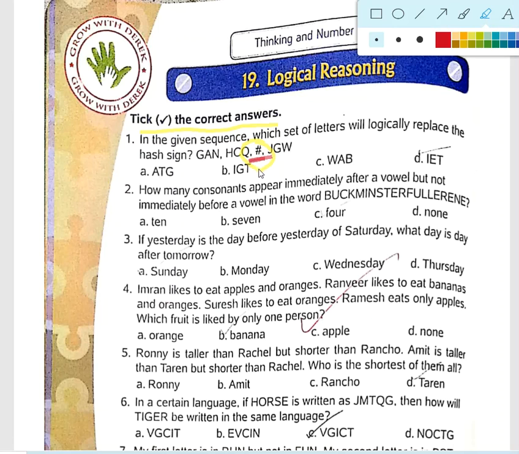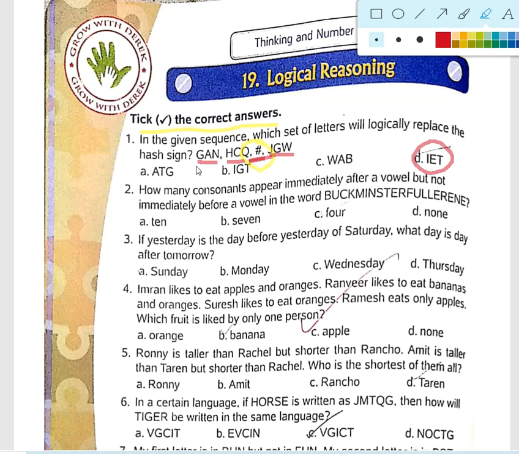Now let us come to the solution. How to solve this problem? We have the words GAN, then HCQ, then the hash sign, and then JGW. Now the correct answer will be IET. But why IET?